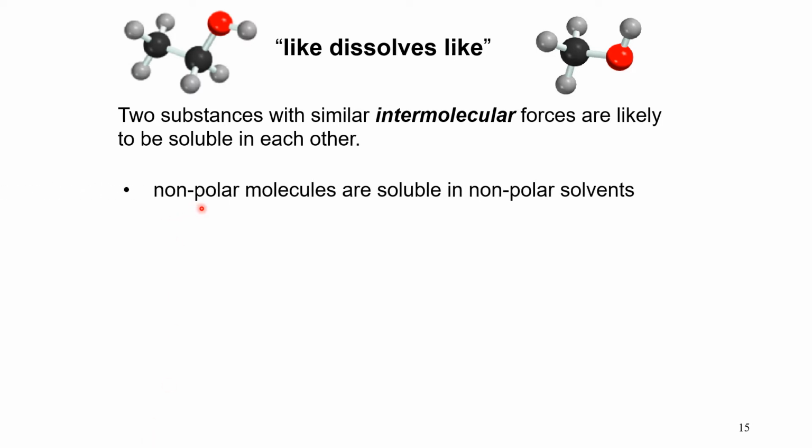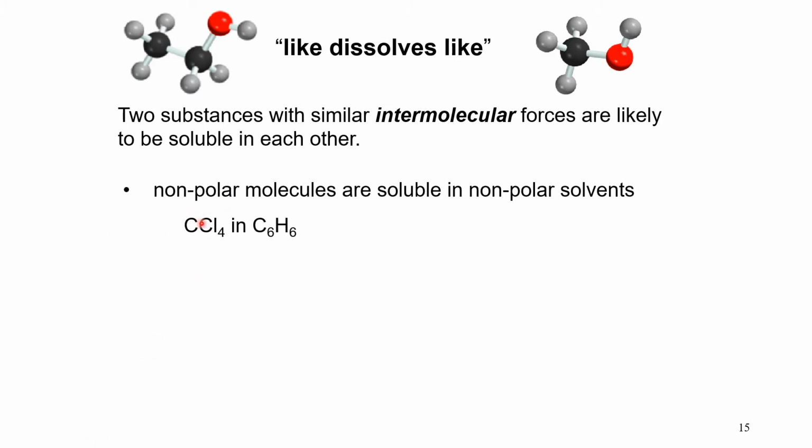So if you want to dissolve nonpolar molecules, right, because of the interactions, you want to use nonpolar solvents to do that. So if you want to dissolve an oil, use another nonpolar solvent like hexane or benzene, something like that. Those are nonpolar, and they will dissolve other nonpolar molecules very well.